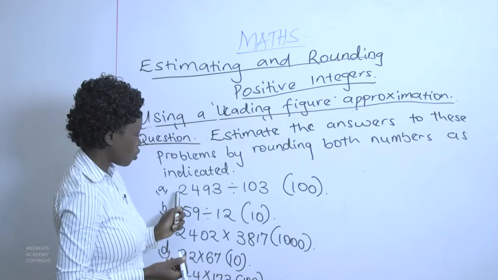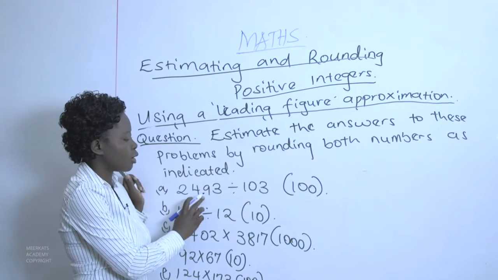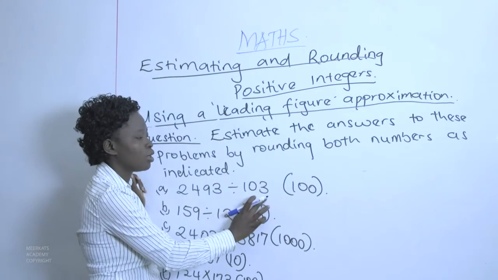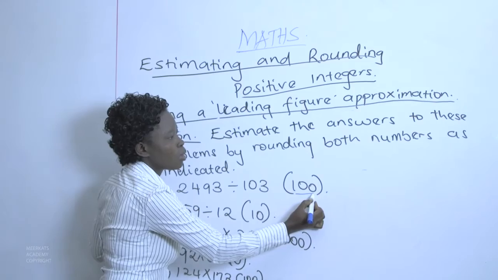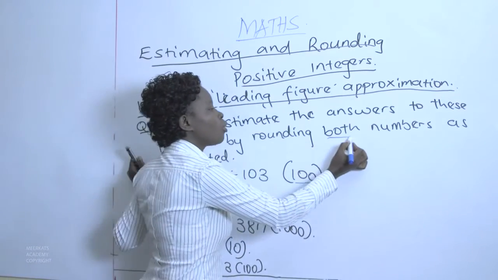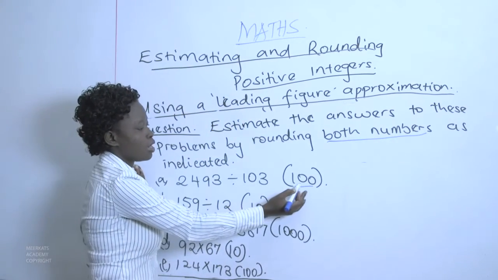So the first problem we have is 2,493 divided by 103. We are rounding off both numbers. In this case, we've been told to round off both numbers to the nearest 100.